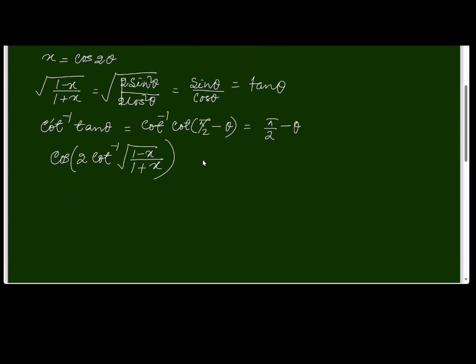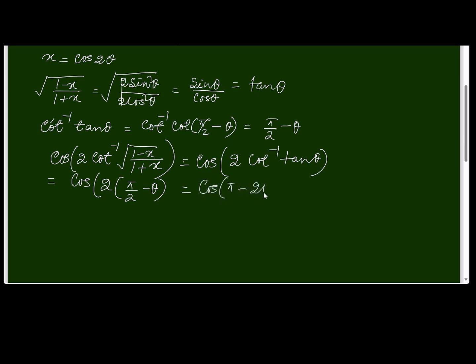So this becomes cos of twice cot inverse tan theta, that is equal to cos 2 times (pi by 2 minus theta). So it will be cos of (pi minus 2 theta). Cos (pi minus 2 theta) equals minus cos 2 theta.